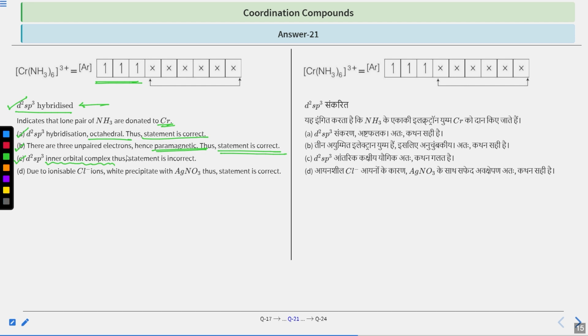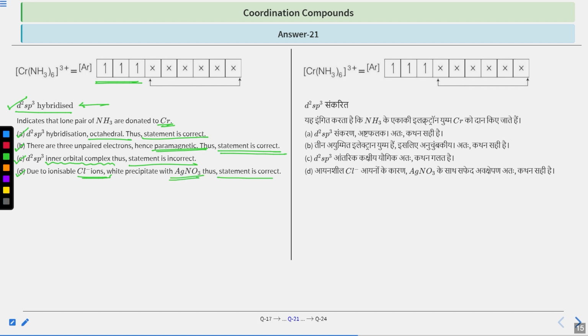Outer orbital, it is not, because for an outer orbital complex, it should have sp3d2 hybridization. Okay, but it is d2sp3. So it is an inner orbital complex, but in option C, it is given that it is an outer orbital complex. Thus, the statement will be incorrect. And according to option D, due to ionizable chloride ions, a white precipitate forms with AgNO3, which we have just observed.